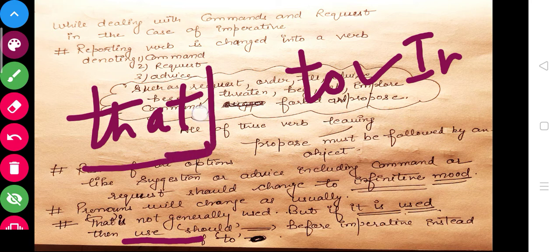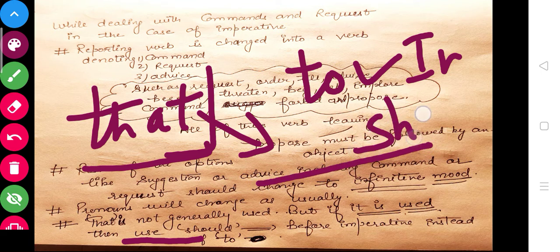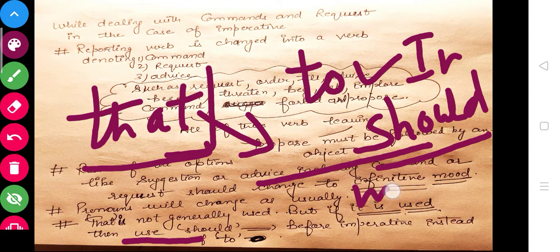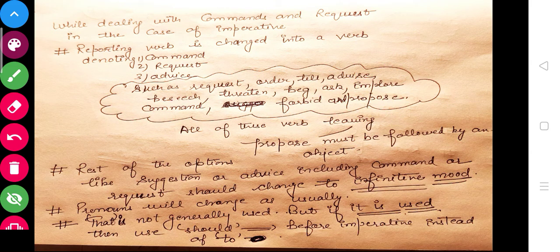But when we are using that as a conjunction in the imperatives case, the next thing that you need to remember is, when you write the next portion, you have to use should with it. That means should would be used as a verb, or might can be used as a verb. Remember that one. Basically should is used.